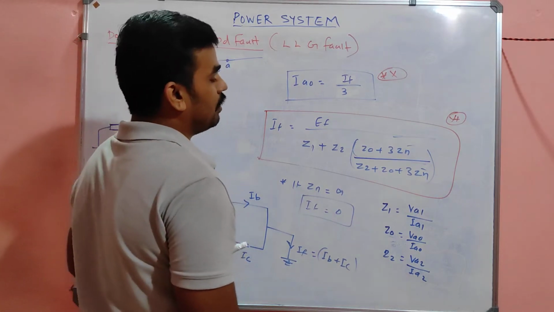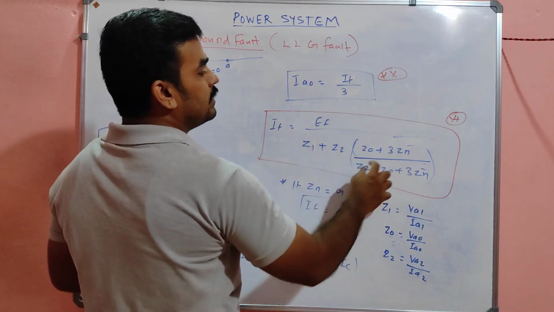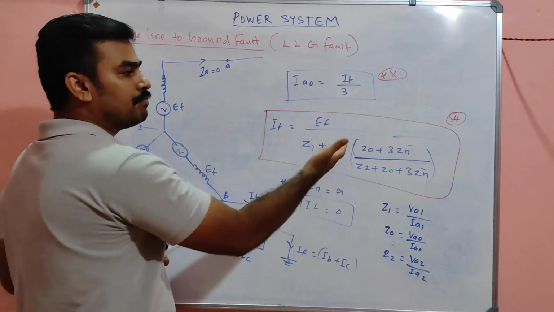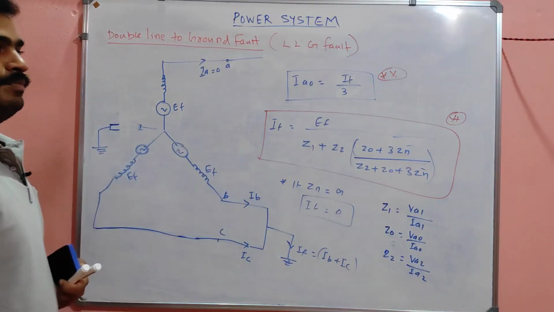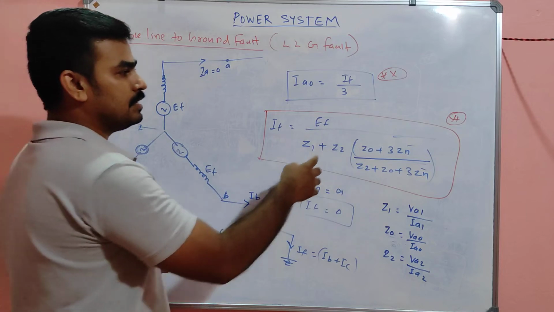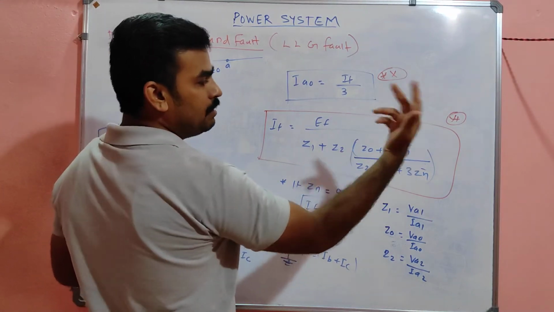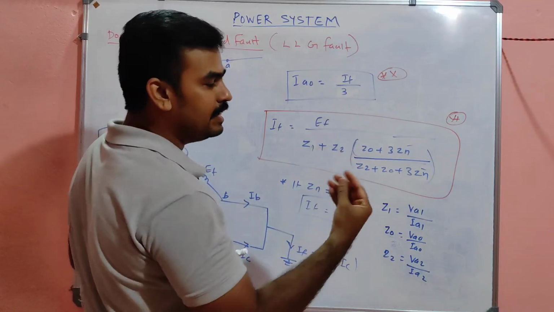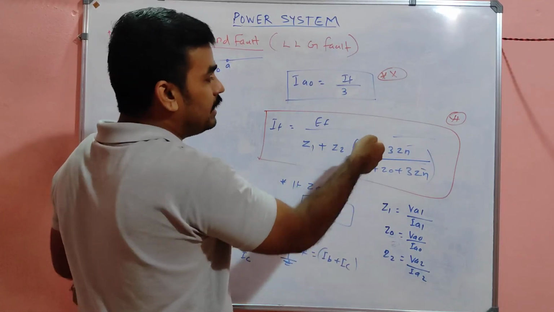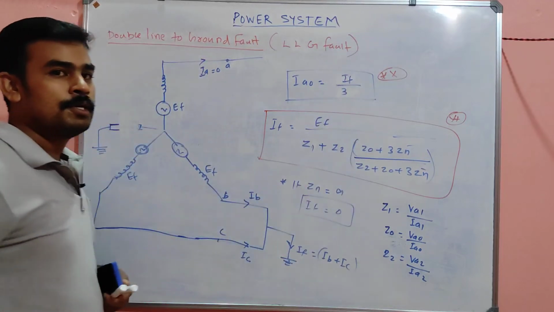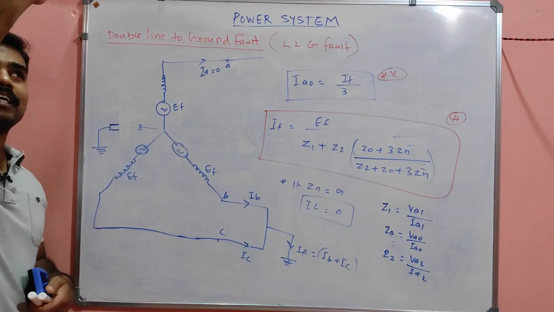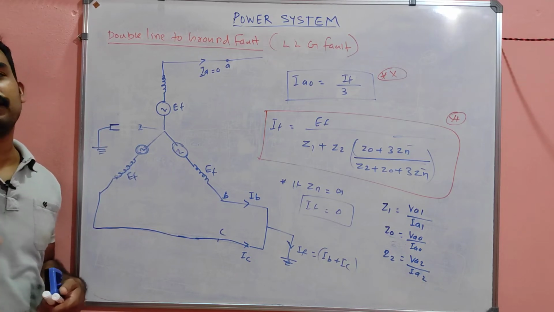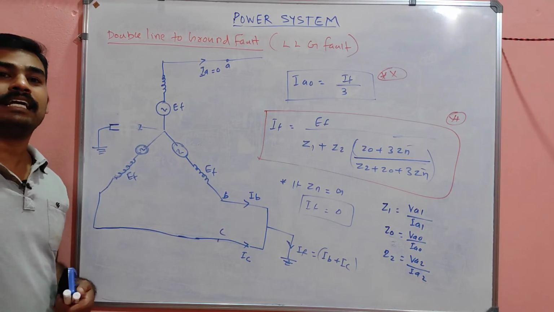One more thing: Z2 into 3Zn divided by Z2 plus Z0 plus 3Zn has a higher degree in the numerator, since if Z2 equals Zn it will be Z2 square. The numerator is second degree and the denominator is first degree, so you can apply L'Hospital's rule.